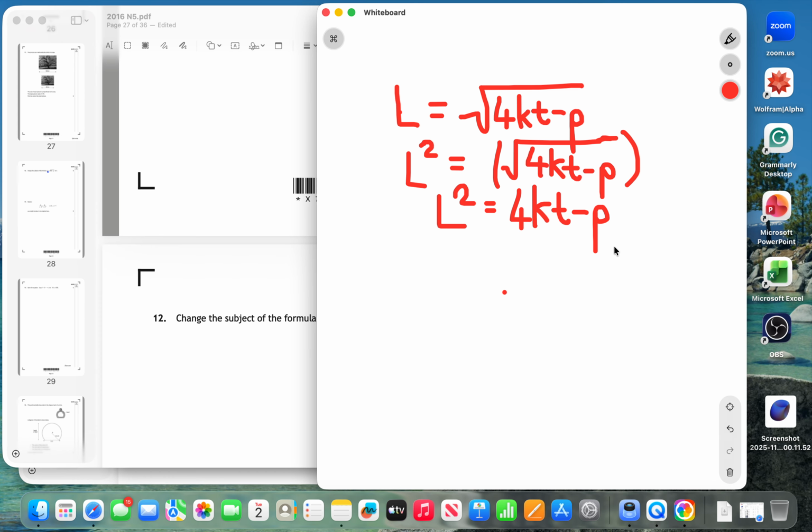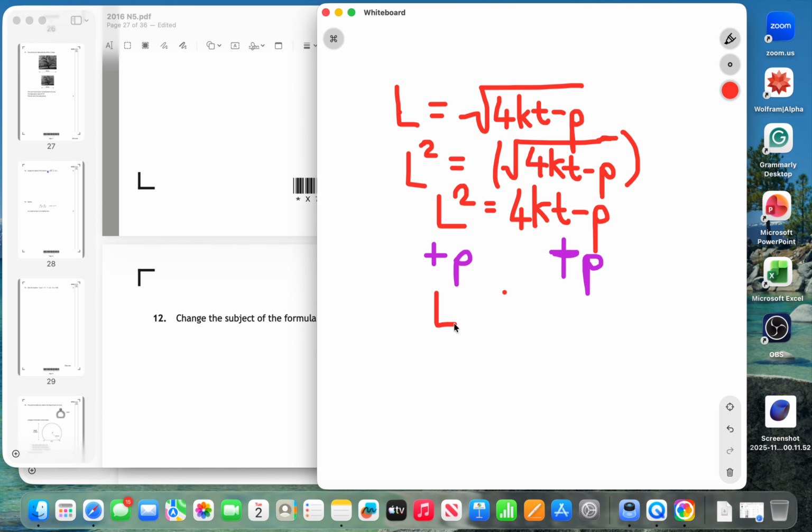So the only way to get 4kt on its own, which is the next step in isolating k, is to get rid of the minus p. Now, if you want to get rid of a minus p, you have to do the inverse or the opposite. So that's going to be a plus p. So plus p to this side, but we also have to add p to the other side.